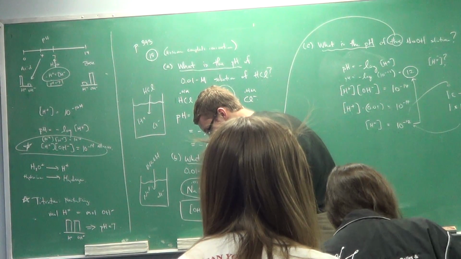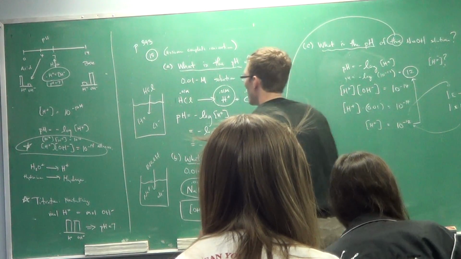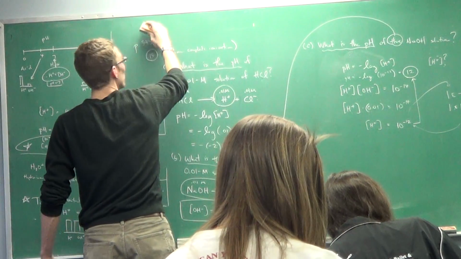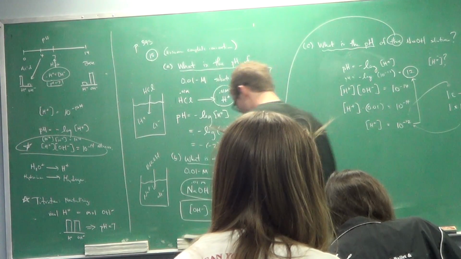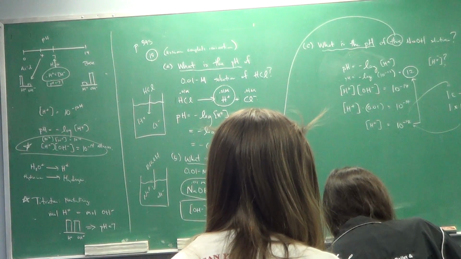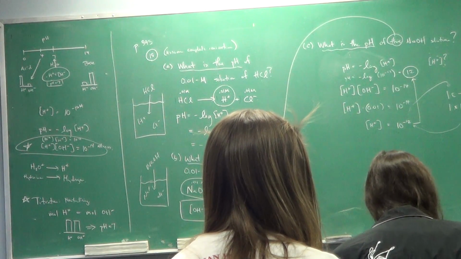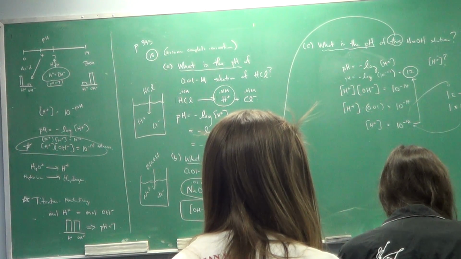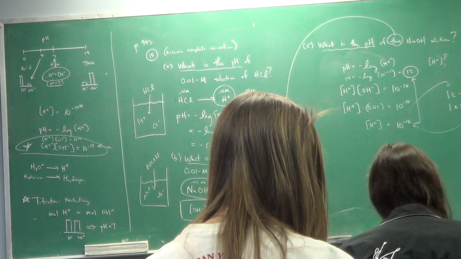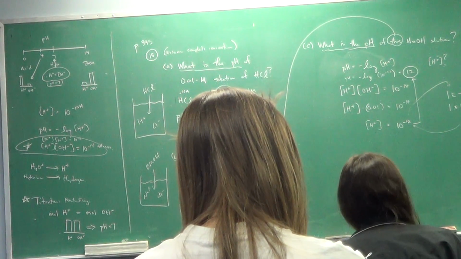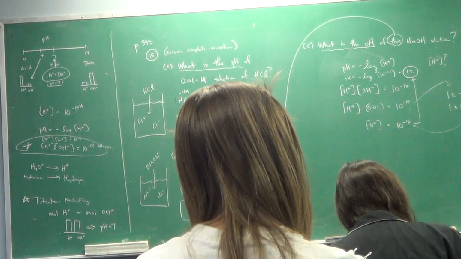So if we look at 12, it says the hydroxide ion concentration of a particular solution is 1 times 10 to the negative 6.